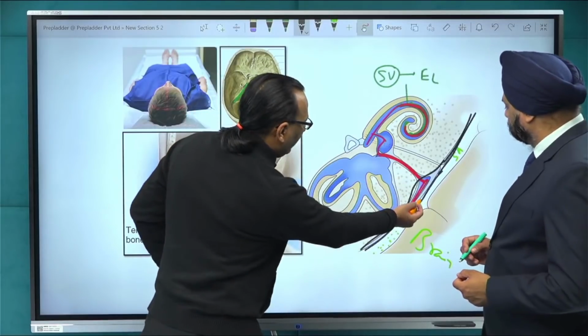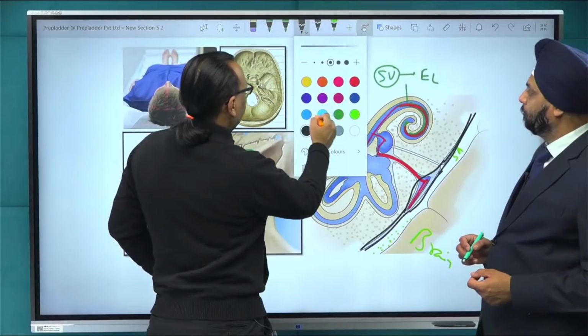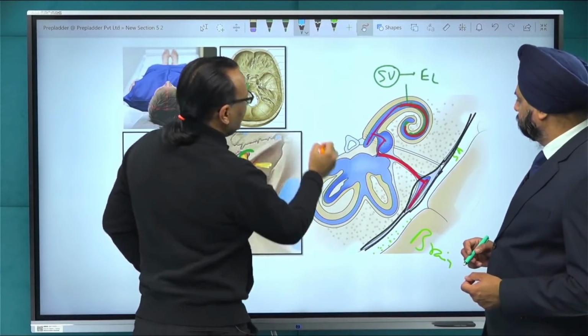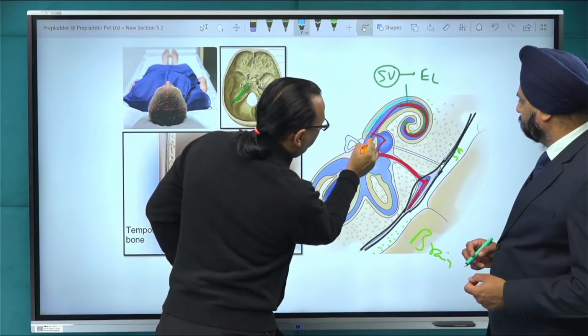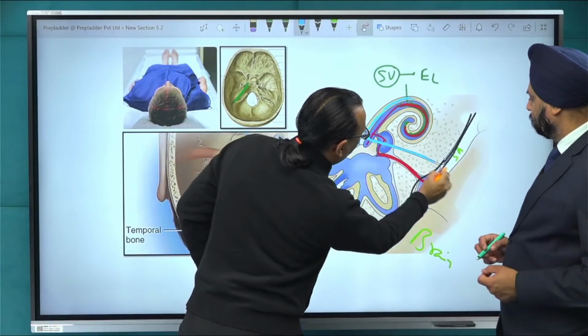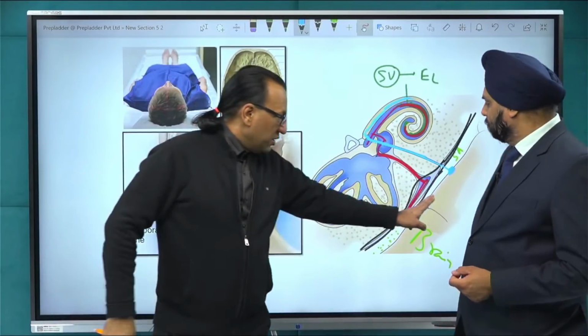Now what about the perilymph? This yellow color perilymph, if you are following, you will see that the perilymph which is here has a communication, you see here, and this communication is going into the subarachnoid space. That is where the description comes.